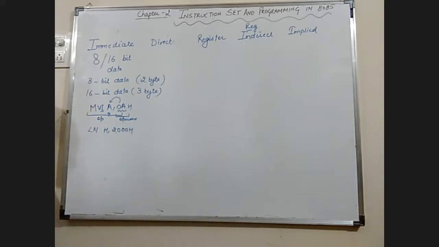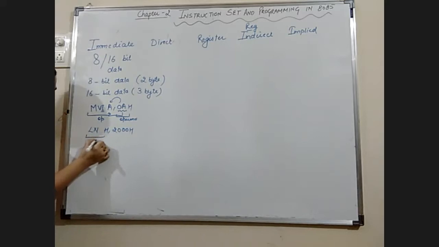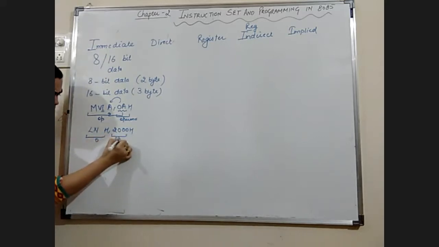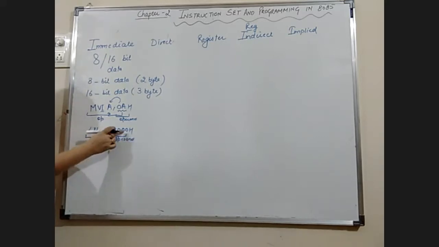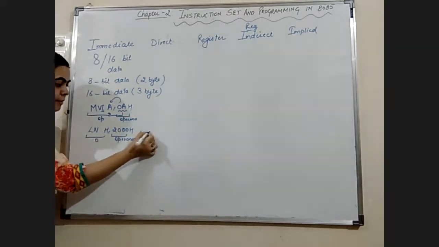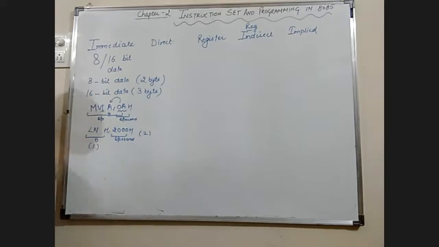So in this instruction again we can see this is the opcode while this is the operand, and this is the 16-bit data. So 16-bit data uses 2 bytes of memory, while this opcode uses 1 byte of memory. So this example occupies 3 bytes of memory in order to store.